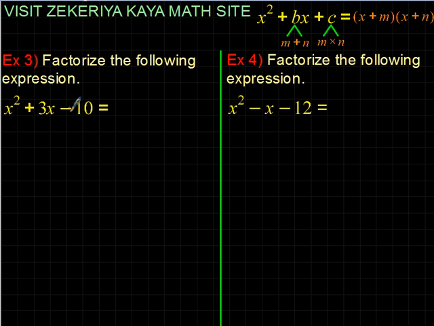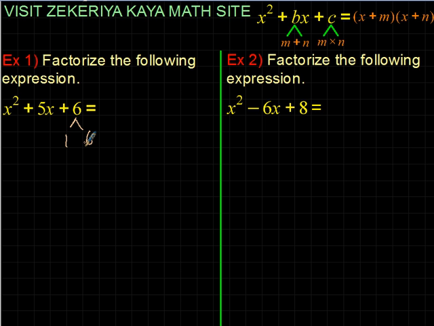So they have similar kinds of ideas. In the third and fourth examples, the constant numbers are negative, so for these we have a different way of thinking. In the first and second examples, the constant number is positive. If the constant number is positive, the numbers which I'm going to choose must both have the same sign.